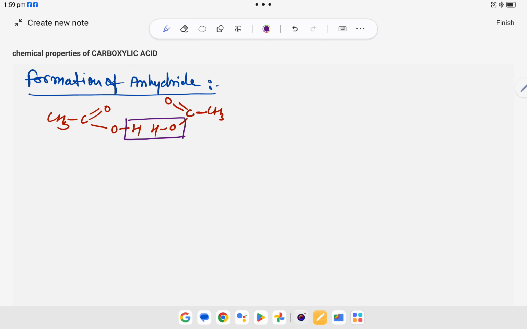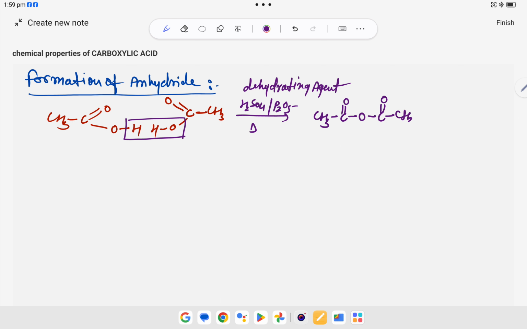H2O. And how water is removed, that you know, by dehydrating agent H2SO4, or you can use P2O5. So after the removal, what you are getting? CH3, C double bond O, oxygen, single bond, and CH3.